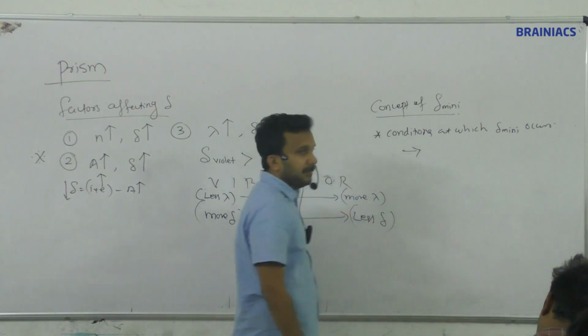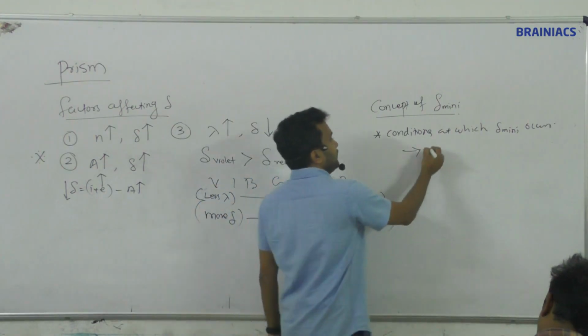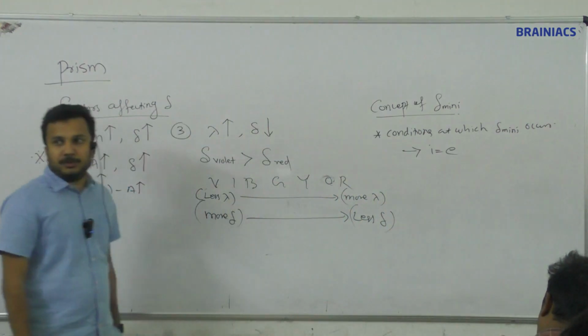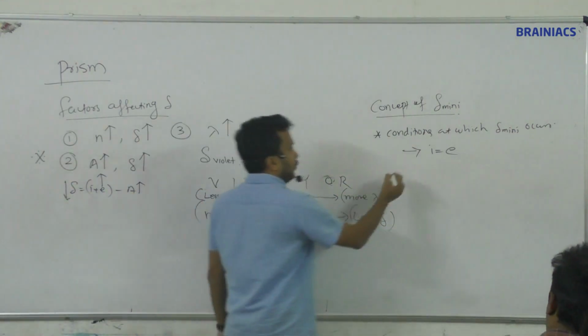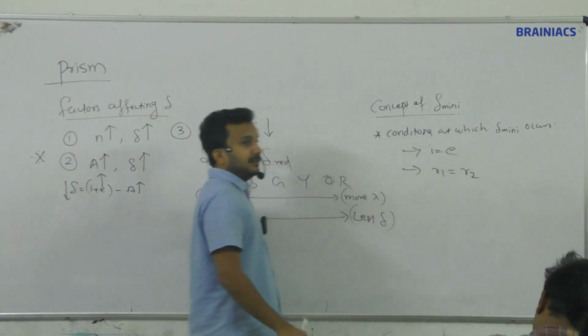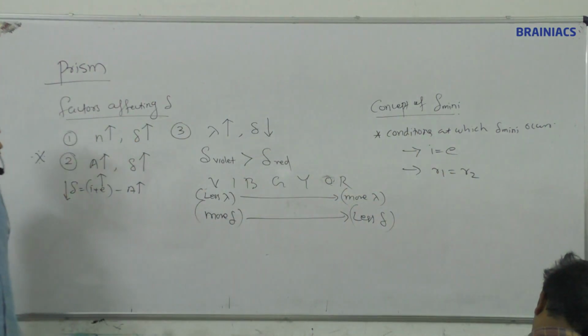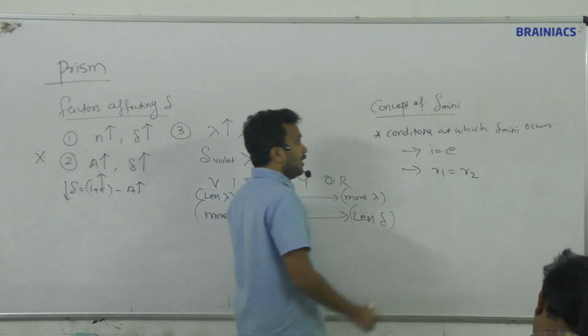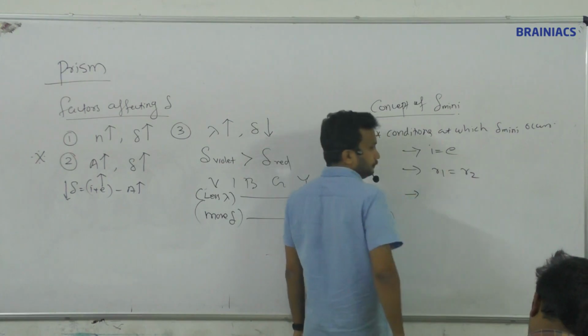When you take minimum deviation, I is equal to E. Second one, R1 equal to R2. If any such conditions are there in the question, then you have to take it as minimum deviation.